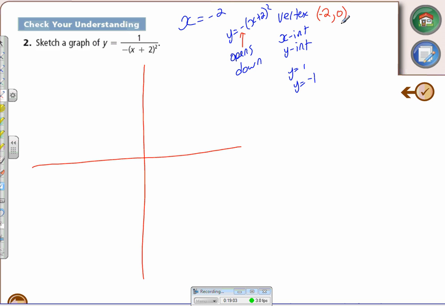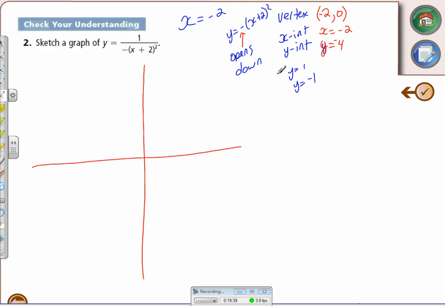The x-intercept, which we identified right over here, is x equals -2. And then the y-intercept. For the y-intercept, you plug in 0 for the x in the original. 0 plus 2 is 2, 2 squared is 4, -4. So your y-intercept is when y equals -4.